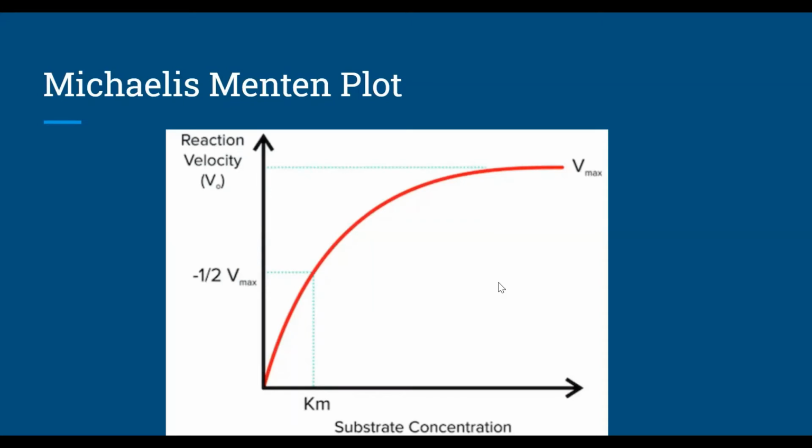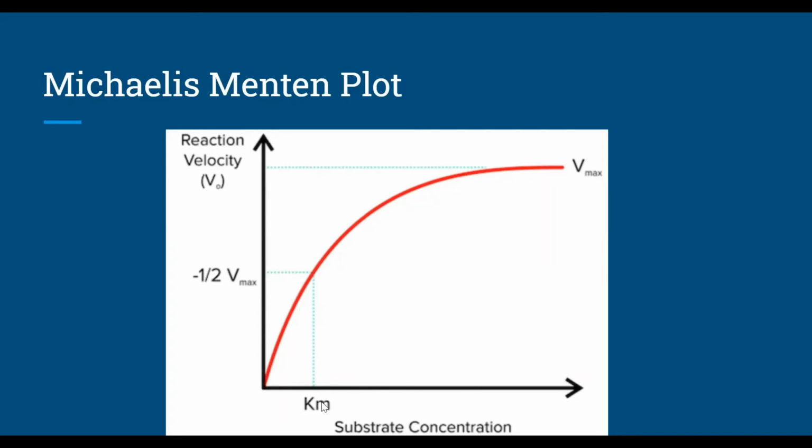So if Km is to the right, you see on the bottom it says substrate concentration. If Km is moved more to the right, you'll need a higher substrate concentration. That higher substrate concentration needed to reach half of Vmax means the enzyme will have a lower affinity for the substrate, because you need a lot more substrate in order for the enzyme to bind to the substrate and catalyze the reaction.